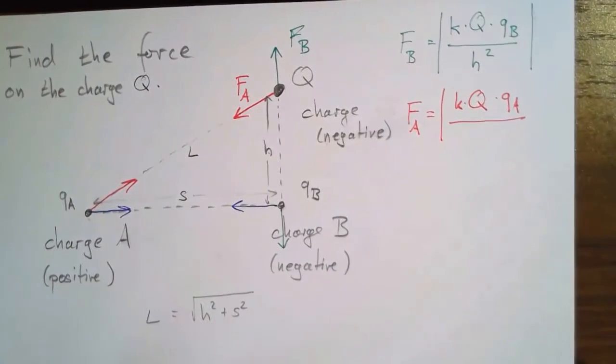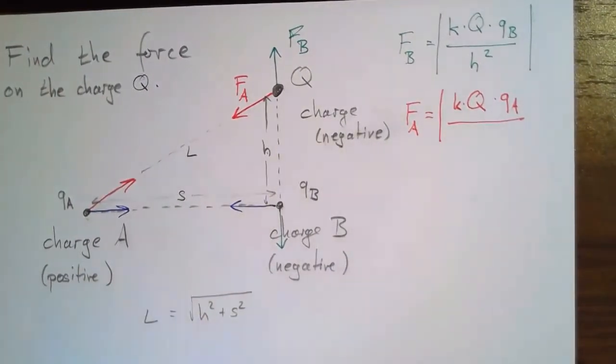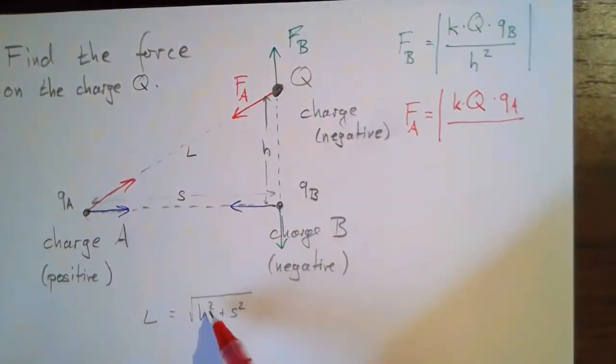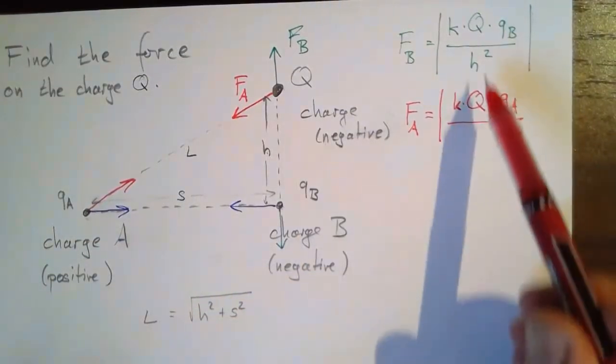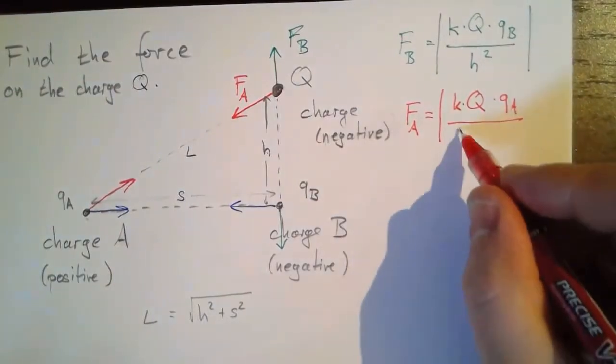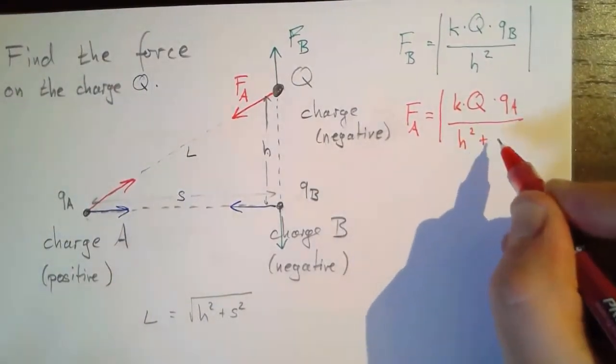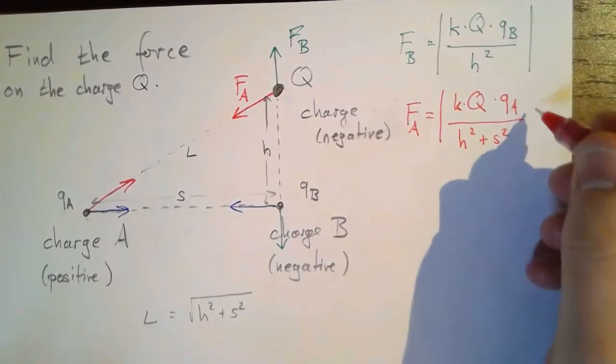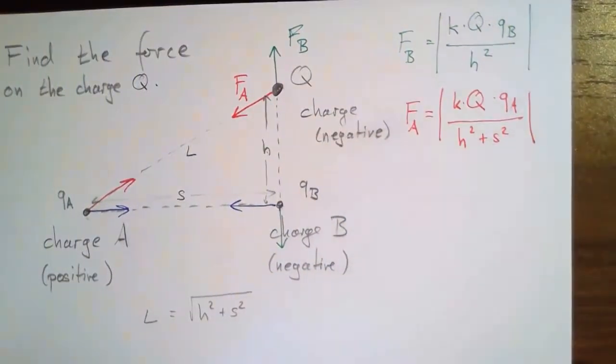It's just basic geometry. You know that. Now, if I square this, because I want the square of it in the bottom, that just makes the square root go away. So I'm going to put h squared plus s squared at the bottom.